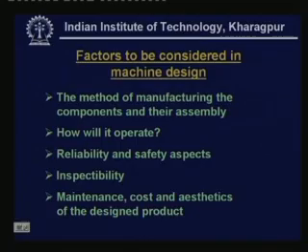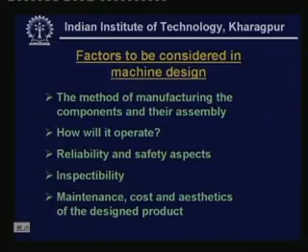Now, what is reliability? It is basically the probability that the machine will not fail in its life duration. Now, this requires that you have to be very careful about how much wear is taking place, where the forces are acting, and how they act on the machine elements, so that none of the safety norms are being violated.